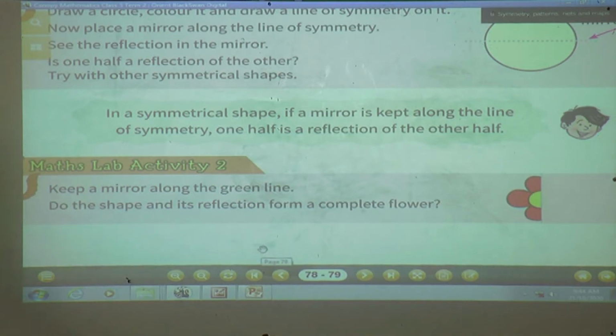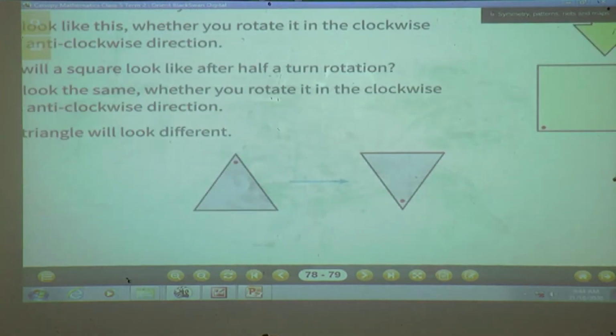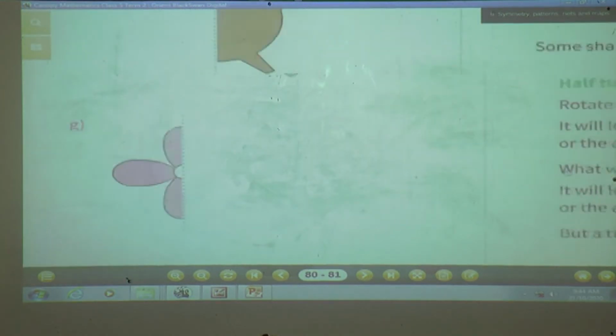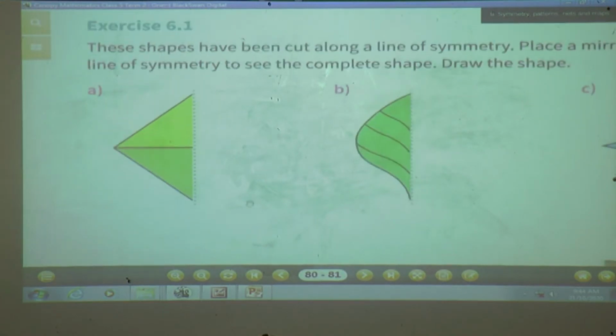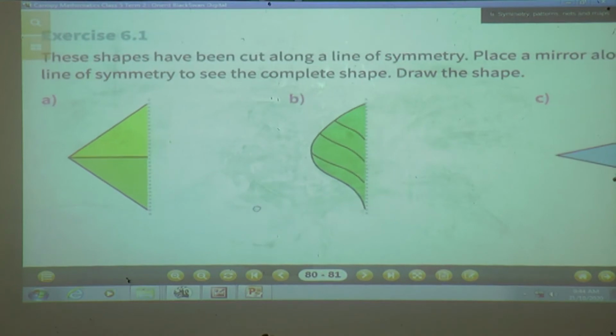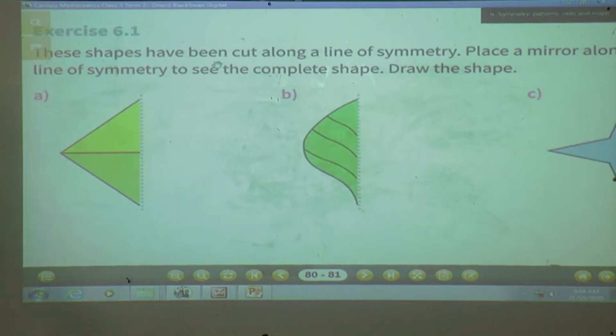Now see page number 80, exercise 6.1. These shapes have been cut along the line of symmetry. Place a mirror along the line of symmetry to see the complete shape. Draw the shapes. Just now I told you, in a symmetrical shape, if a mirror is kept along the line of symmetry, one half is a reflection of the other half.